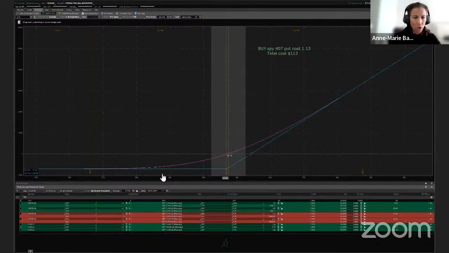It goes all the way down, but then it gets absolutely flat. The most that you can lose is the $700 that you bought the 407s for. Now that's a call. Now I'm going to switch that to a put, and you're going to see how different that looks. Give the system a chance to recalibrate, as it were.